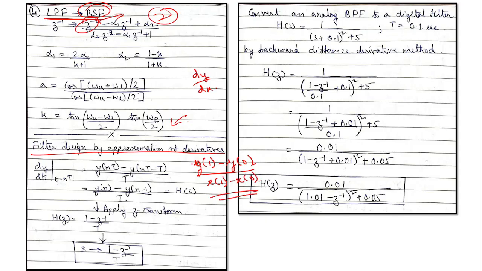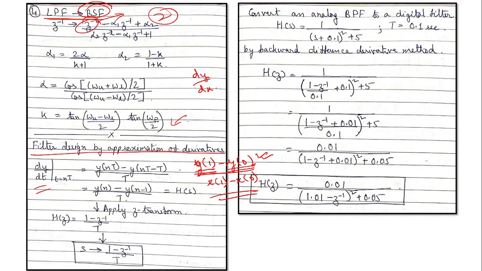Okay, so here also if you see dy by dt, y of nT minus y of nT minus T, an instance earlier, and x1 minus x0 is nothing but your time period, capital T, right? So this is your dy by dt. Herein we are taking the present instance and the previous instance, so it is called the backward difference method.